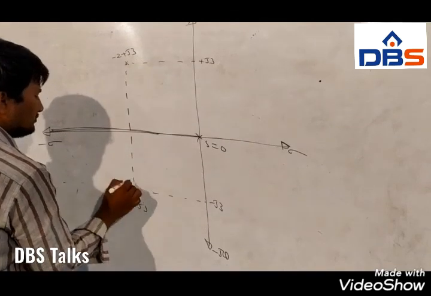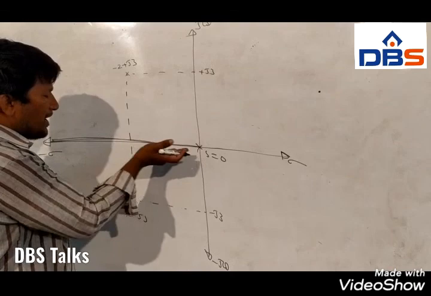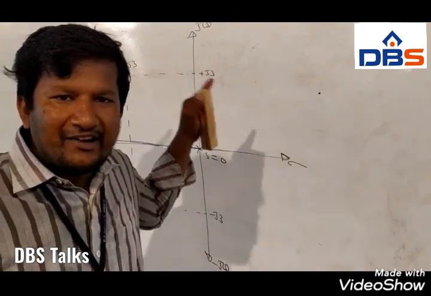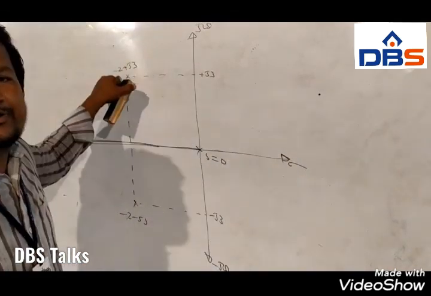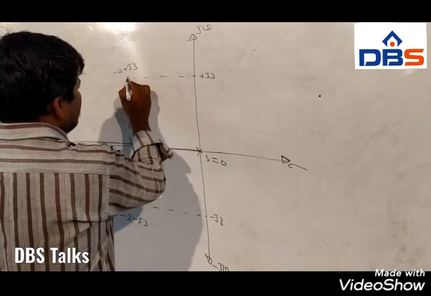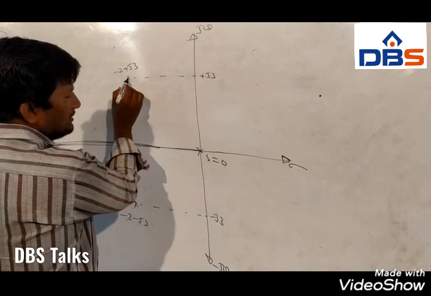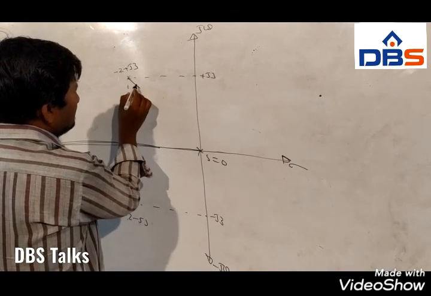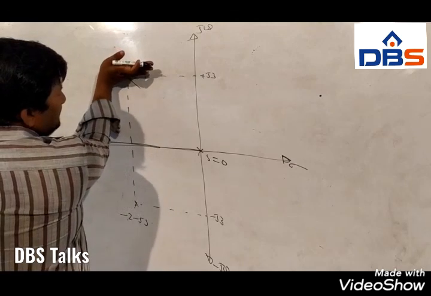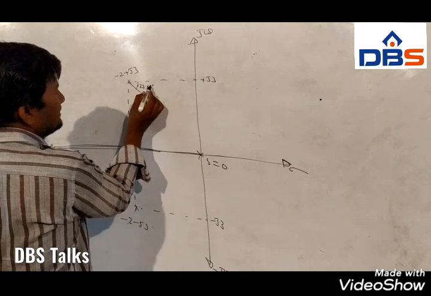So now, there is no breakaway point on the real axis; the breakaway point exists on the complex poles. So put the protractor here and take the angle of departure minus 33.63 degrees.